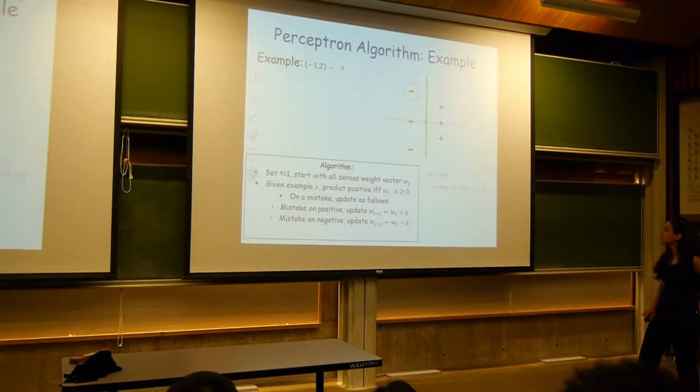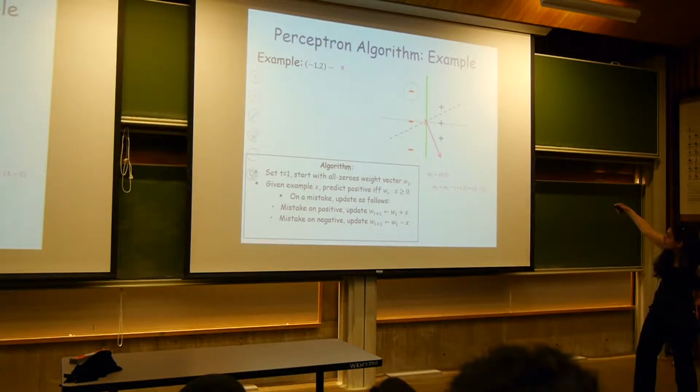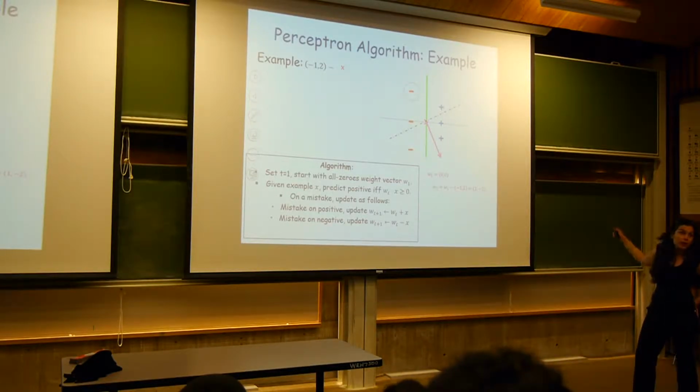Now, because we make a mistake, we're going to subtract the negative example from our current weight vector, which used to be all zeros. And so the new weight vector will be this vector over here, the vector 1, -2, because we subtracted the example. So this is a new normal vector, and this is the hyperplane given by that normal vector.